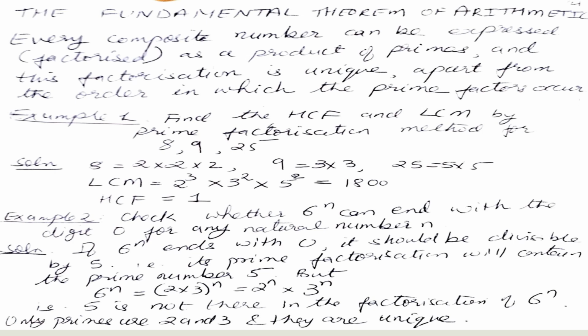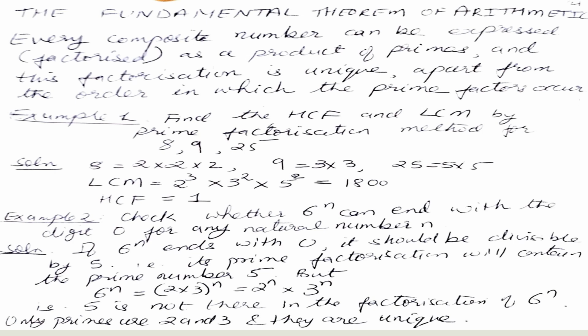Let us take the next example. Check whether 6 raised to n can end with the digit 0 for any natural number n. Now suppose if 6 raised to n ends with 0, it should be divisible by 5. That means its prime factorization should contain the prime number 5.